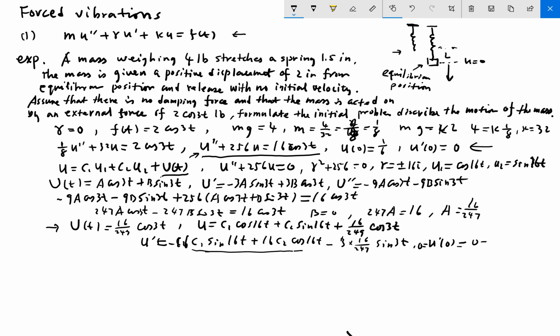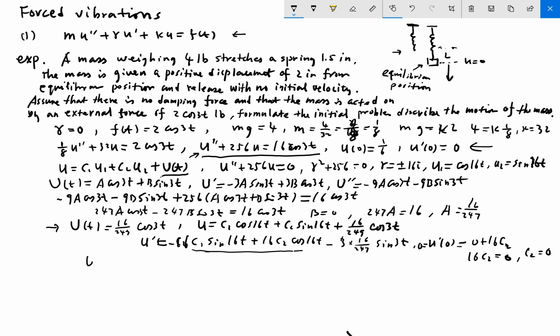So you got 16C2 times 1, since cosine 0 is 1, and then sine 0 is 0. Therefore, this implies 16C2 equal to 0. Therefore, your C2 equals 0.